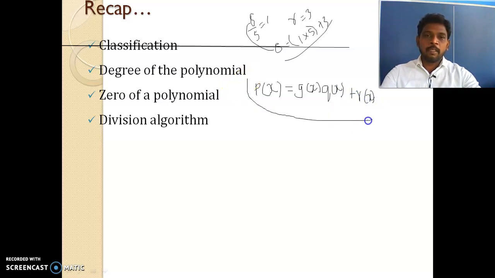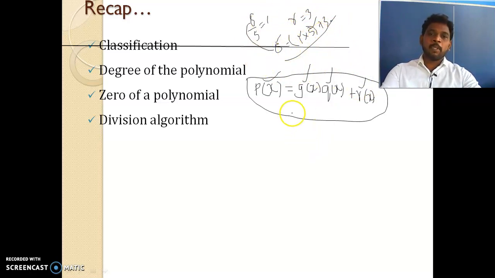That is called the division algorithm for polynomials. Here p of x is the dividend, like 8, g of x is the divisor, like 5, q of x is the quotient, like 1, and r of x is the remainder, like 3 here. Like here, integers can be written in this form.